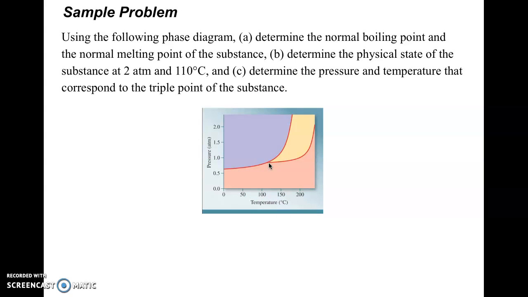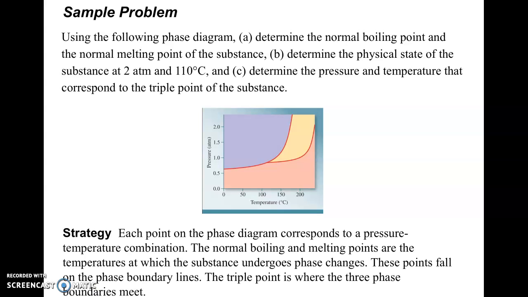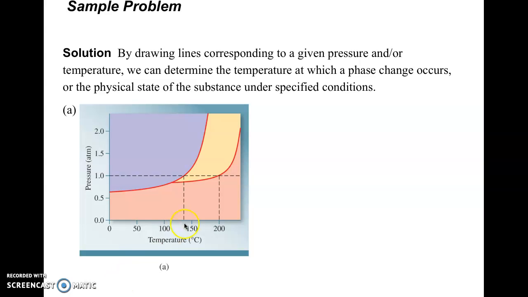So the first one, we're looking at normal boiling point and normal melting point. And by normal, what we're talking about is things that are at one pressure, or a pressure of 1 atmosphere. Remember, that's the standard where most people live in the world. And so where it makes a transition from a solid to a liquid is fusion or melting.